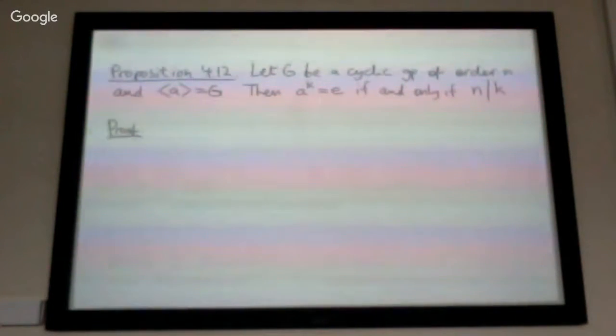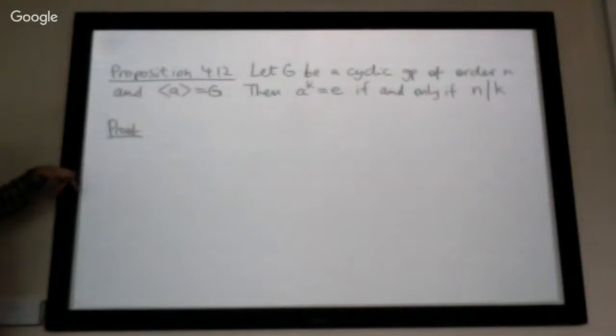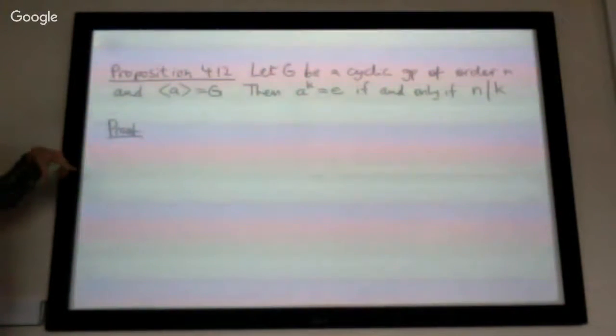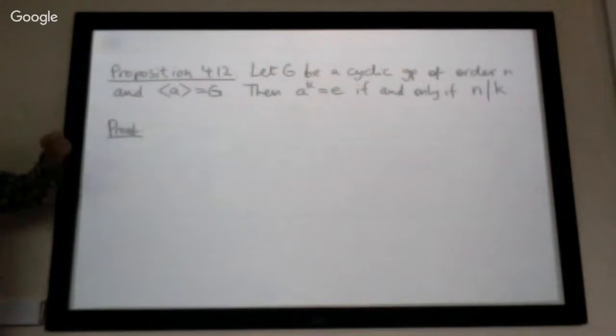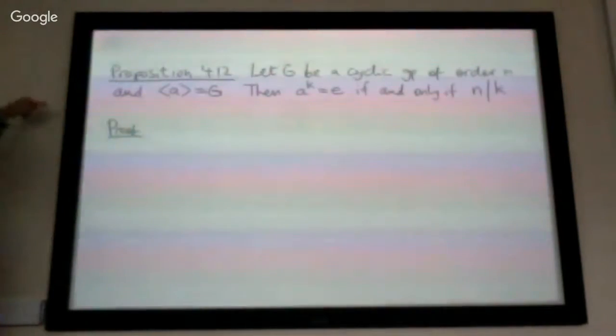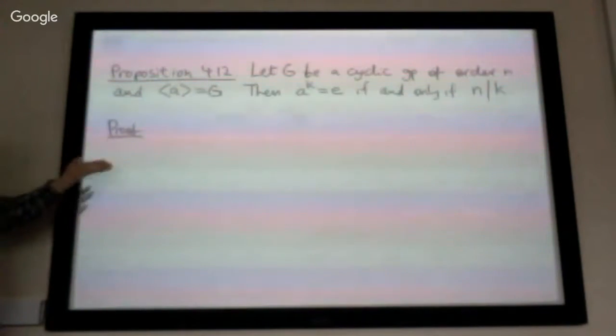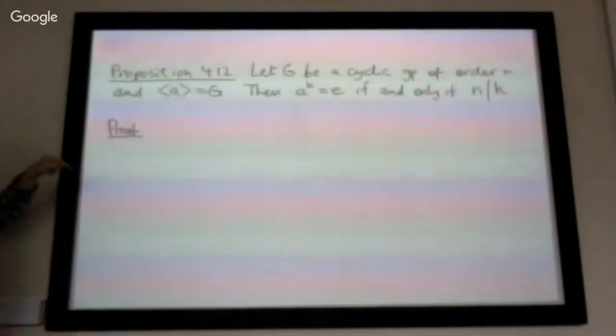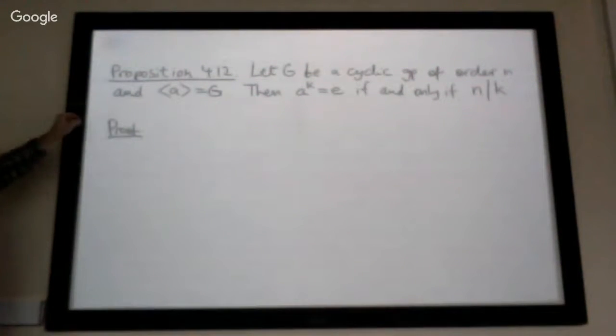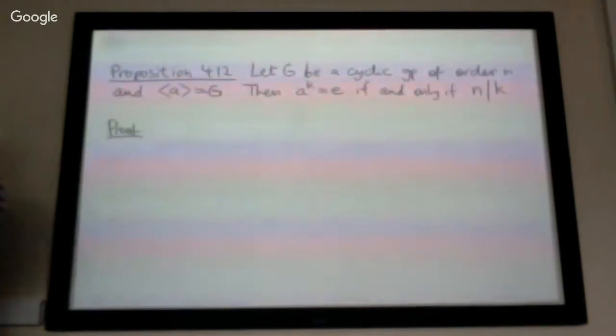Okay, if k is a multiple of n, well, first of all, a to the n is the identity, because a generates the group G. So a to the k has to run through all the elements of G, and then it lands on the identity, and then it starts cycling over all the elements again. So that's where the cyclic subgroup comes from. The powers of this element just cycle through all of them, and then again, and then again.